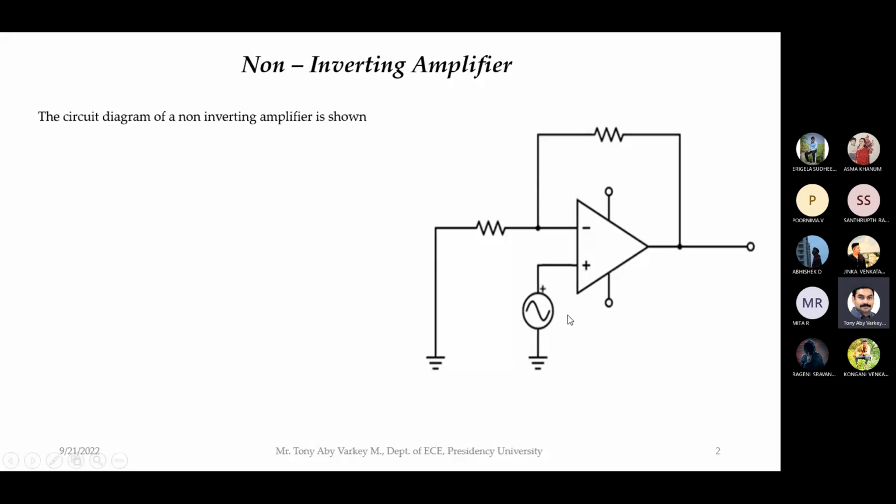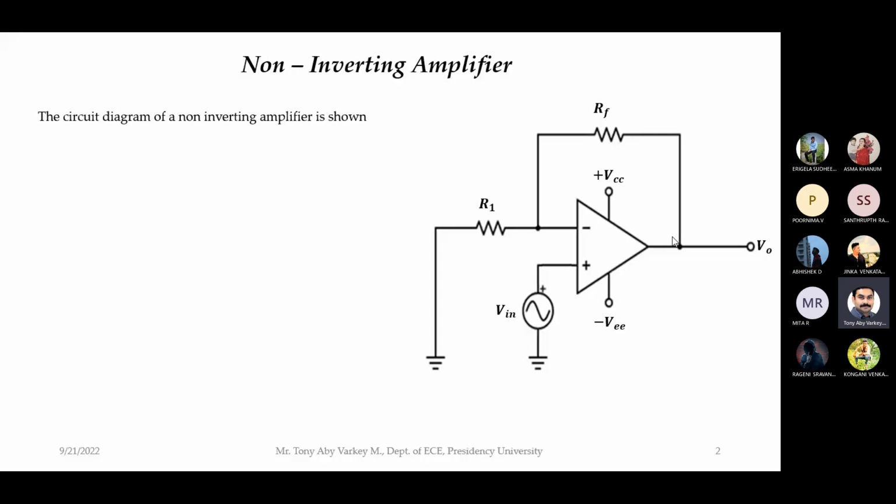We give the bias supply VCC and the negative bias supply VEE. This is the input voltage V in, the output voltage is VO, the feedback resistance I am marking as RF, and this particular resistance I am marking as R1. So this is the circuit.